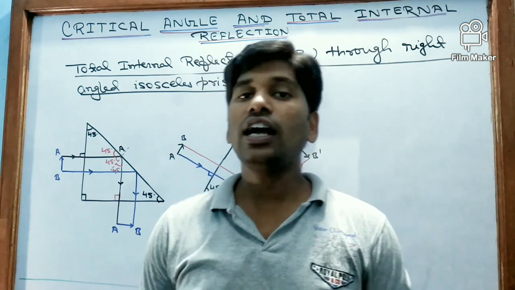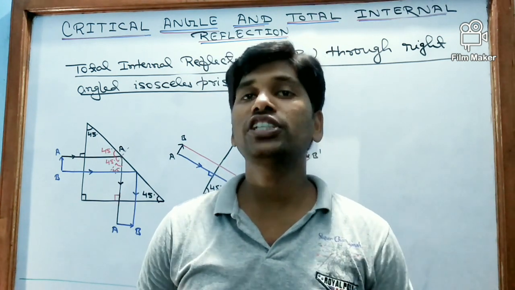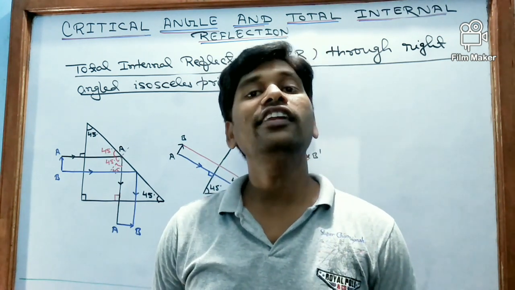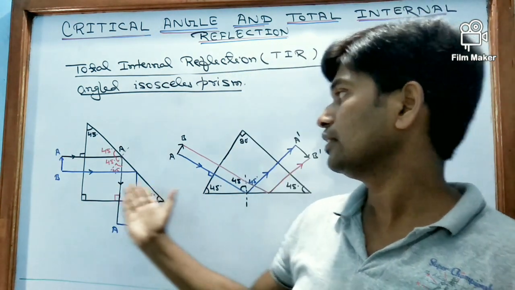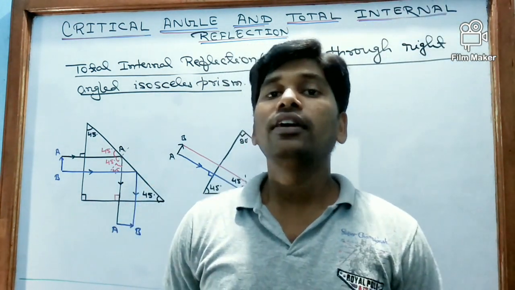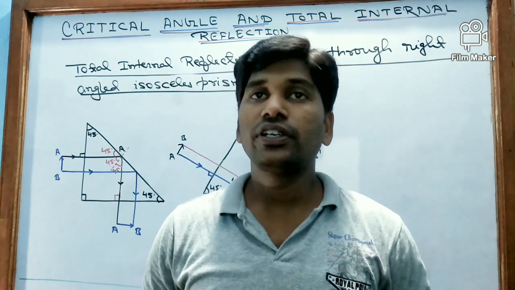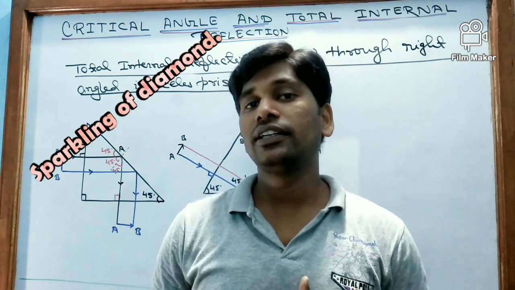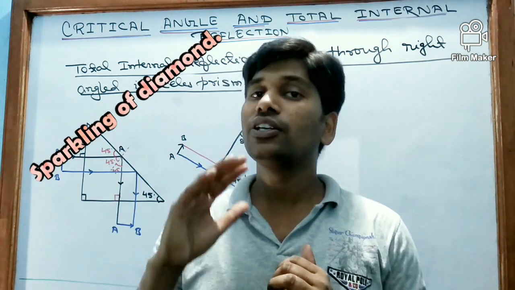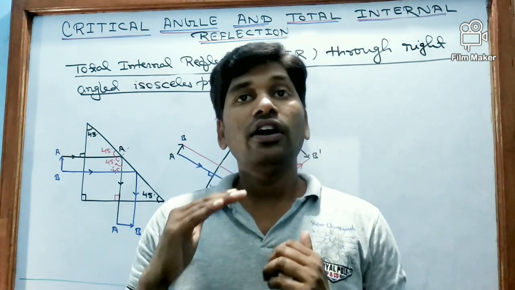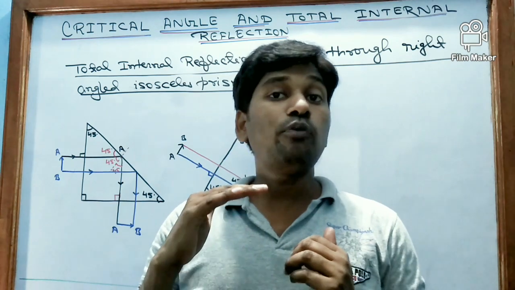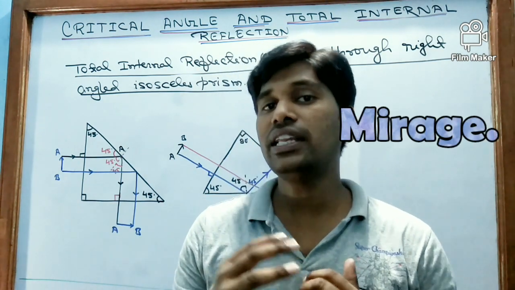Now let us talk about different applications of total internal reflection. We have seen it in this prism. Let us talk about the other applications. Sparkling of diamond: diamond sparkles due to total internal reflection. We have the formation of mirage. What is mirage?